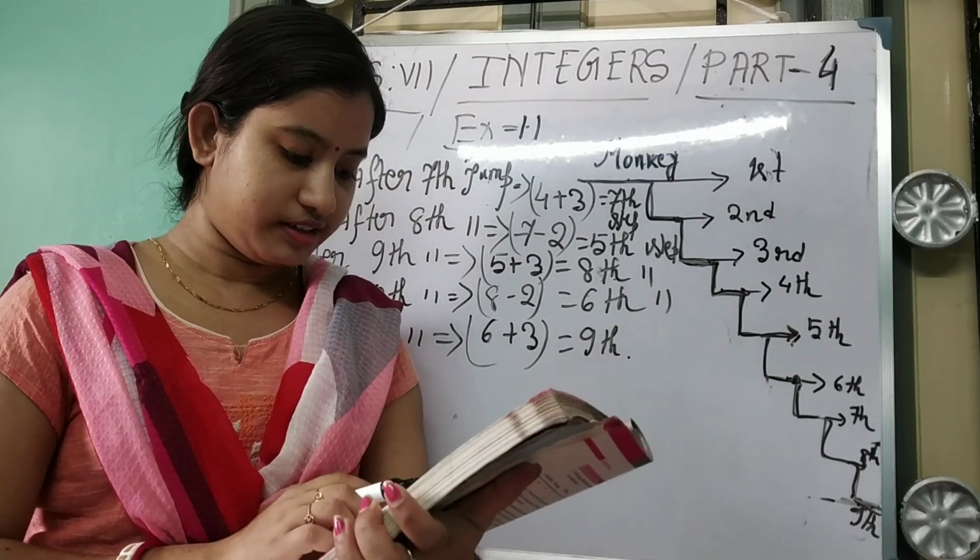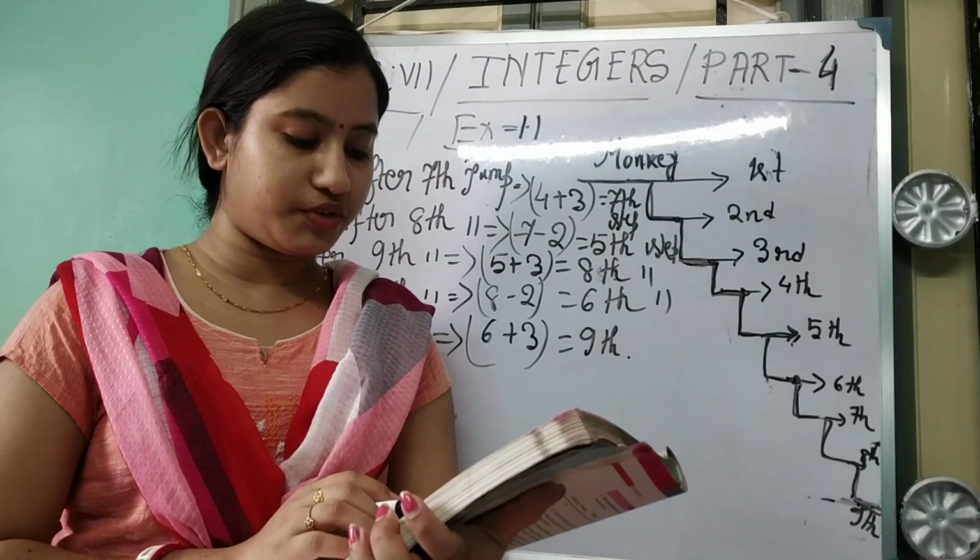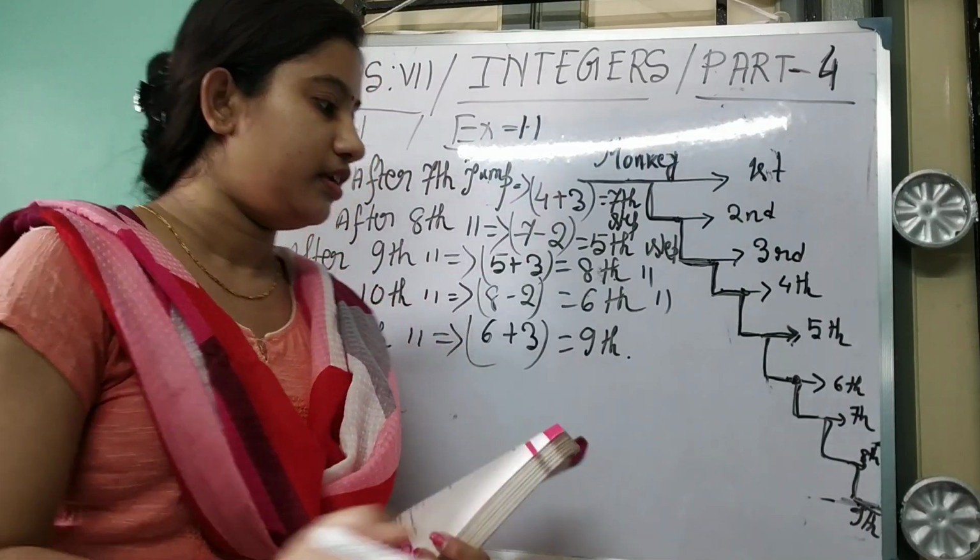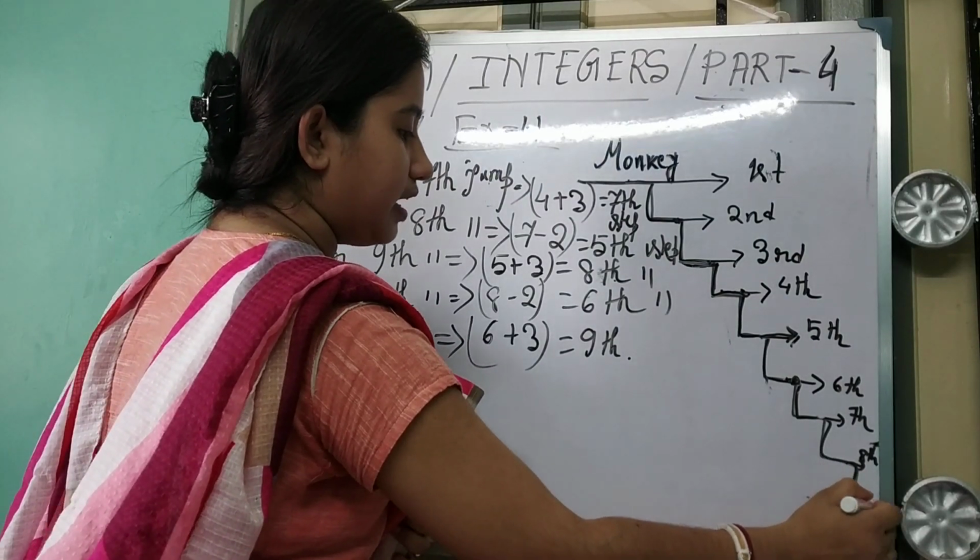Now the question here is, in how many jumps will he reach the water level? Now the water level is in this position, the 9th position.